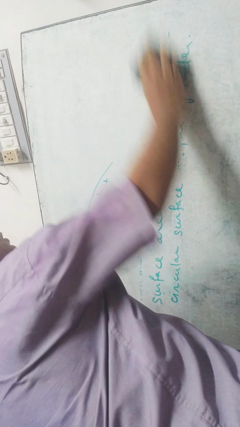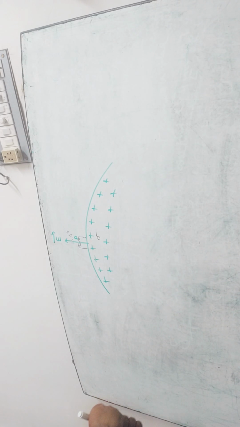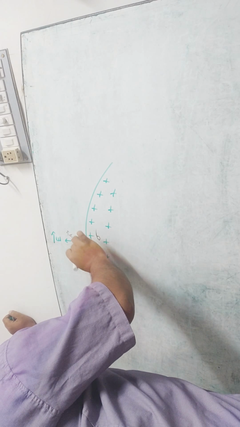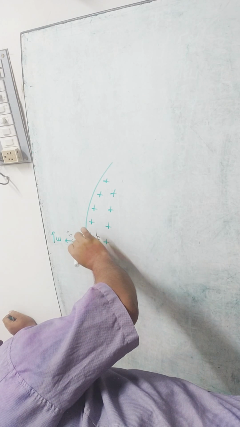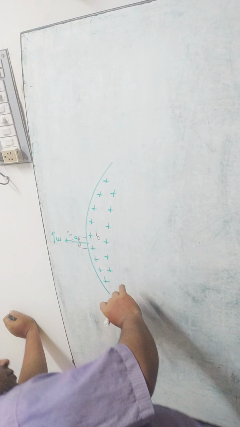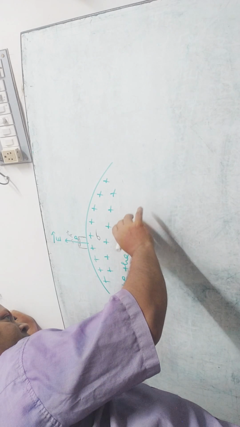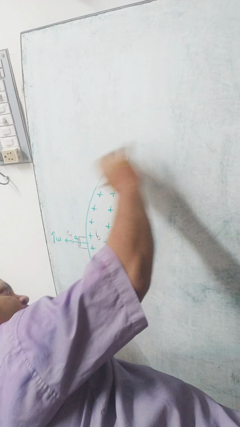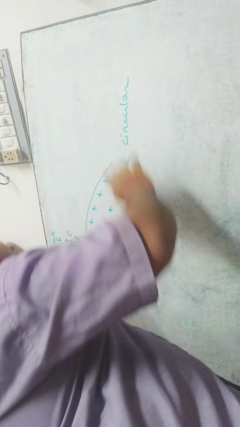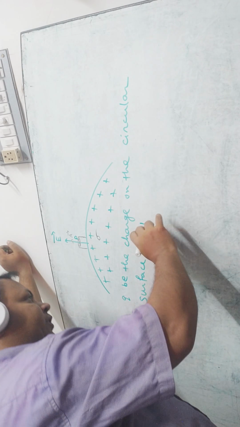Now this cylinder acts as a Gaussian surface. Let small q be the charge on the circular surface of the cylinder.